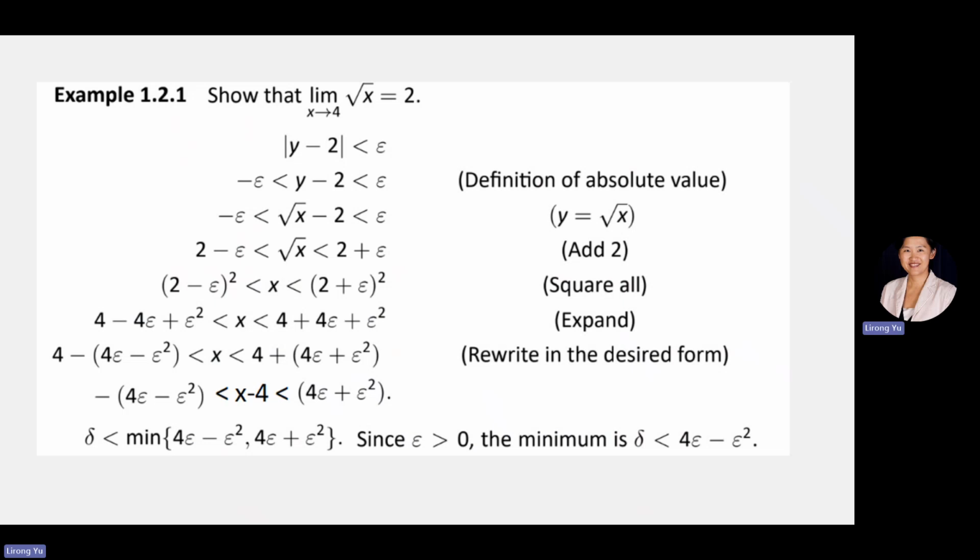So you start there and then try to find the boundary for x minus c, to get to the right delta to make this happen. Then we're pretty much done with the proof of the limit. The process itself is very algebraic, so sometimes it's not that easy. We have to find different ways to find the appropriate delta.